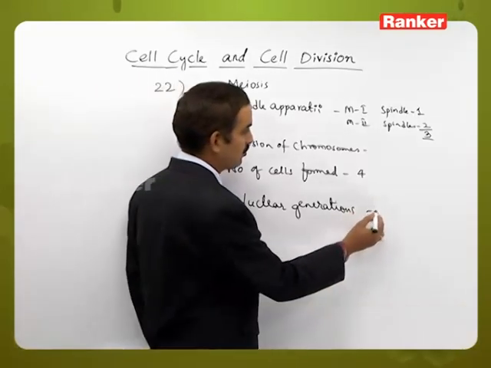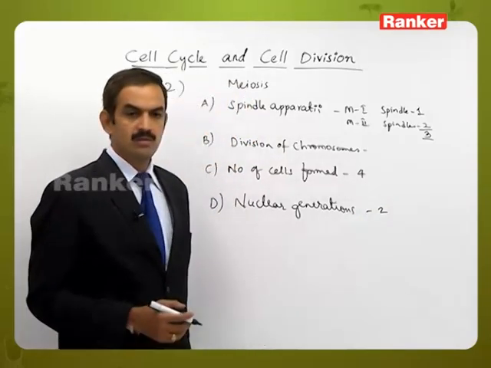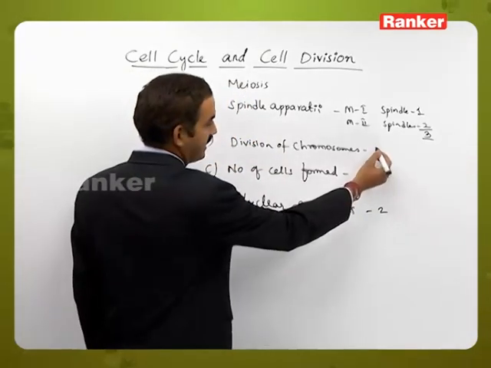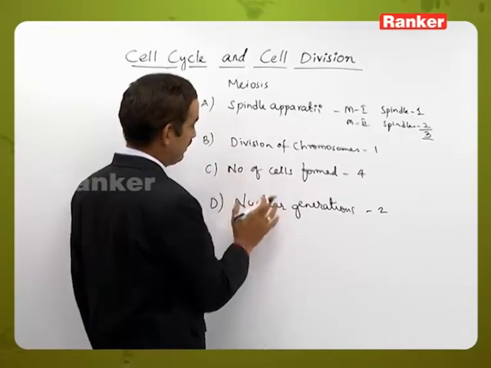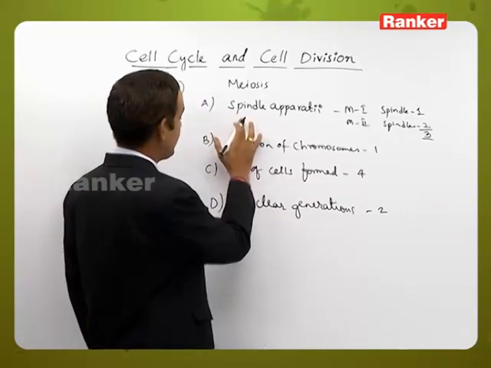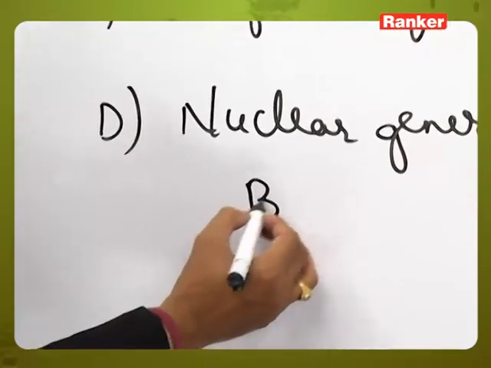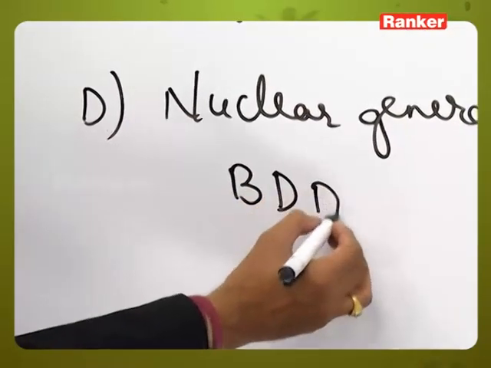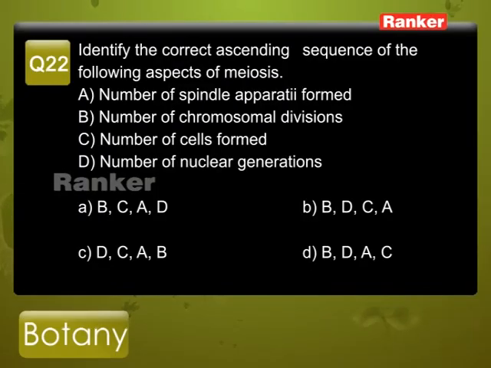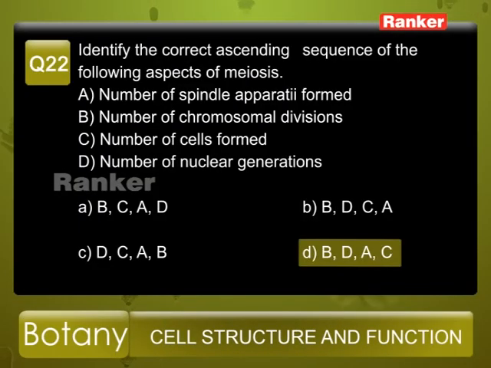So that will be 2. So from the given options, in ascending order, B will be 1, D is 2, A is 3 and C is 4. The correct sequence is B, D, A and C. So from the given options, option D is the correct answer.